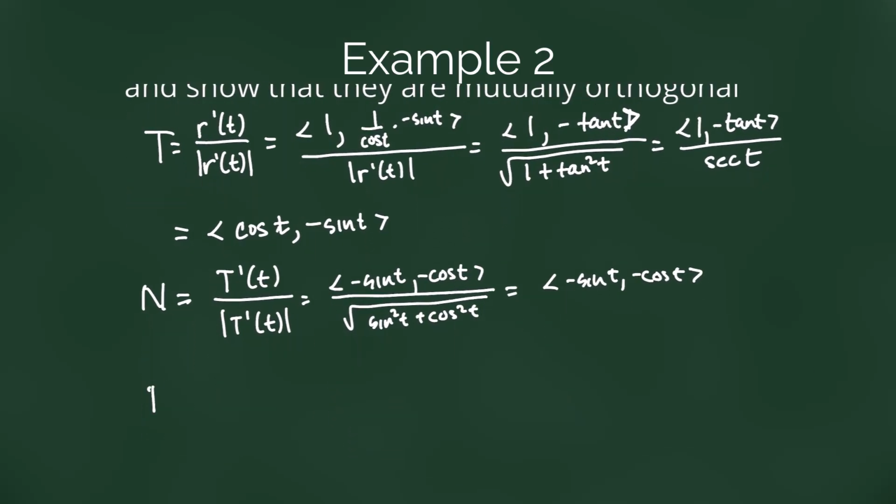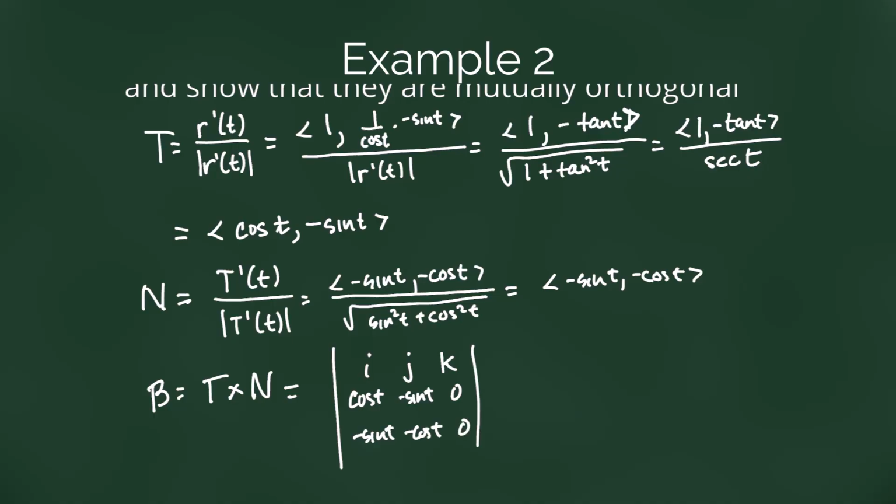And then we'll find our vector B. B is the cross product of these two, T cross N. So we're going to add our k column here because we need that third dimension in order for the vector B to exist. So we're going to write this as ⟨cosine t, negative sine t, 0⟩ and ⟨negative sine t, negative cosine t, 0⟩.